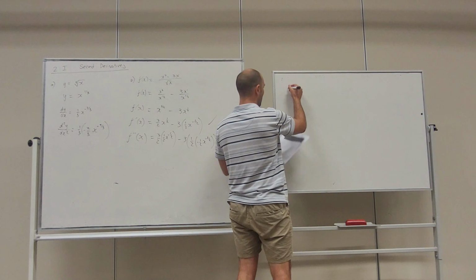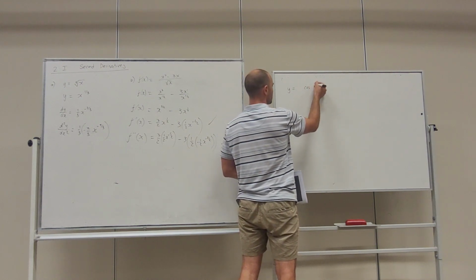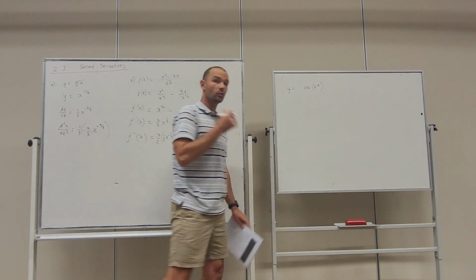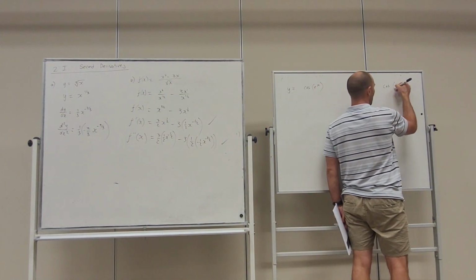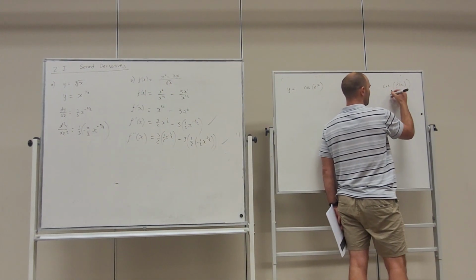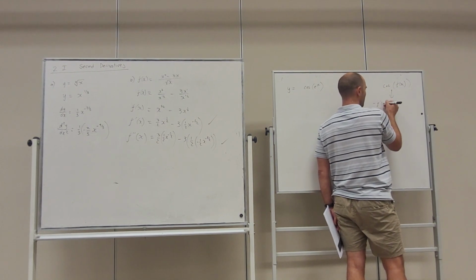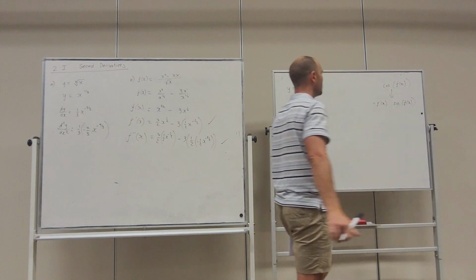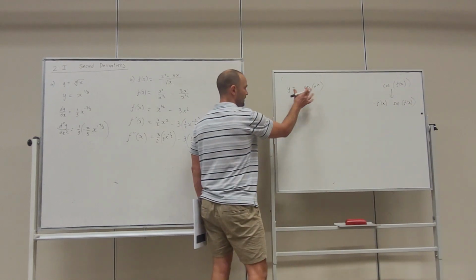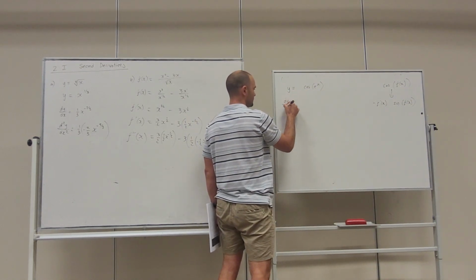So we have y equals cos of e to the x. This is a good recap of what we were doing yesterday. If we have cos of f of x, the derivative is minus f dash of x, sine of f of x. So we can differentiate straight away, there's nothing to simplify.